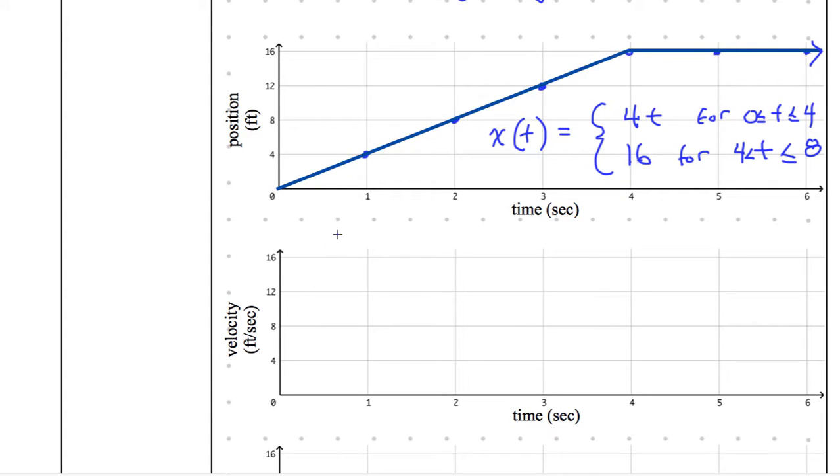All right, so my task for you right now: can you visualize what the graph looks like for velocity if I just gave you this graph of position? What does the graph of velocity look like? It would be a... Okay, I'm going to pause you right there, Ben, because not everyone thinks quite as fast as you.